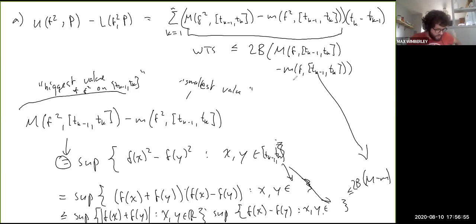Okay, they just say, for any x and y not in S, we have f of x squared minus f of y not squared. Oh yeah, they do use the absolute values actually. And then they say it follows that capital M of f squared minus little m of f squared is less than or equal to this thing.